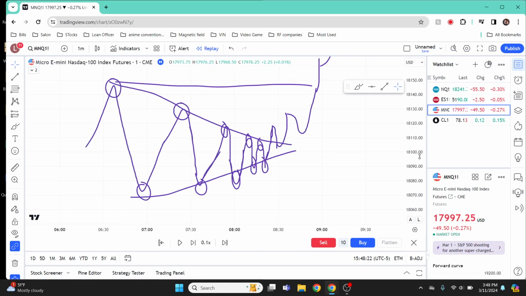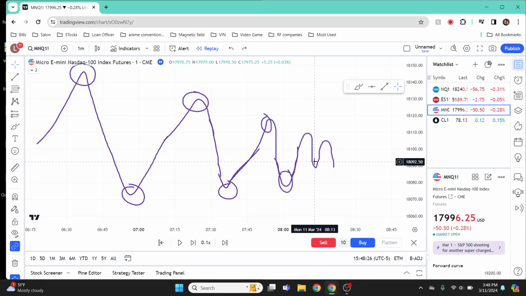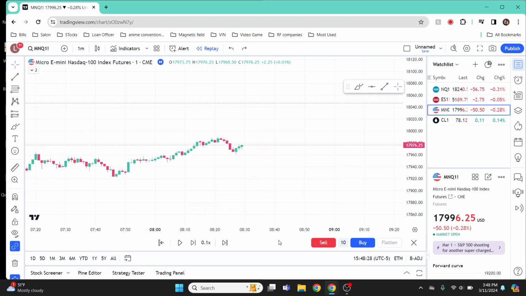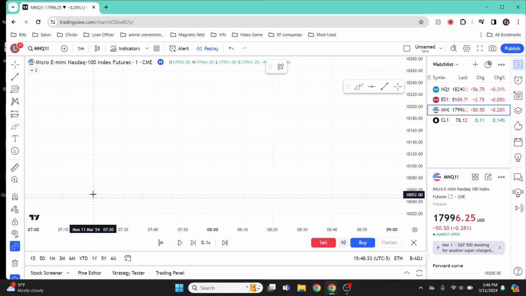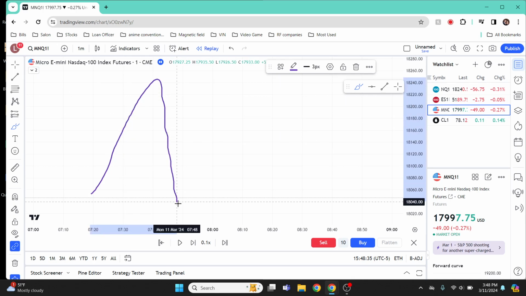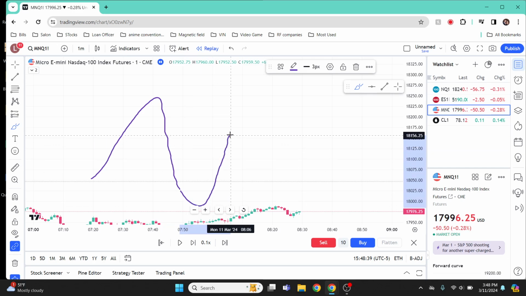If it was a smaller scale, let's say we're going to remove all that. Let's say we had some big movements like this, like that, and then it went like this.